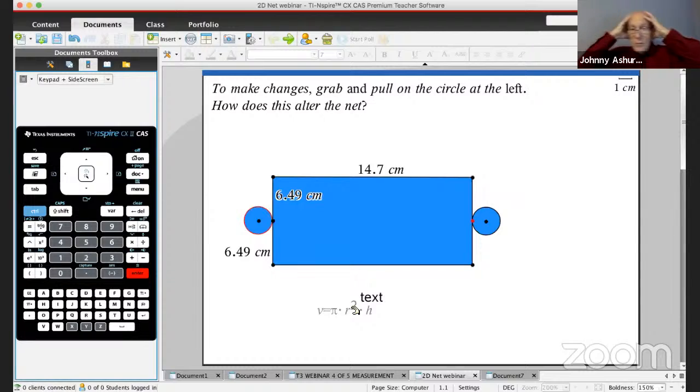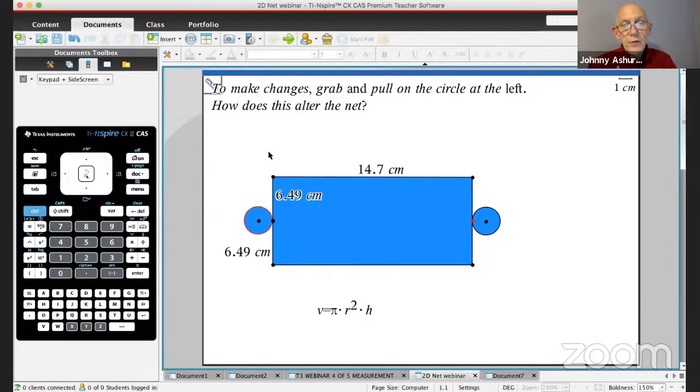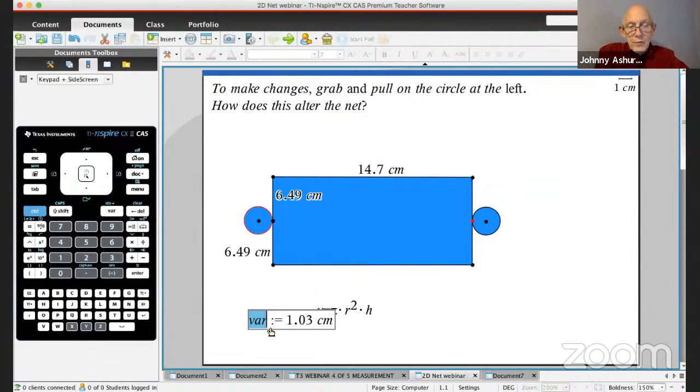I don't have it. There are 2 ways to find the radius. One is to calculate, and the other is to take advantage of the technology and simply measure the length by tapping on the center of the circle and a point on the circle. And that's the radius. I'm going to abbreviate it.